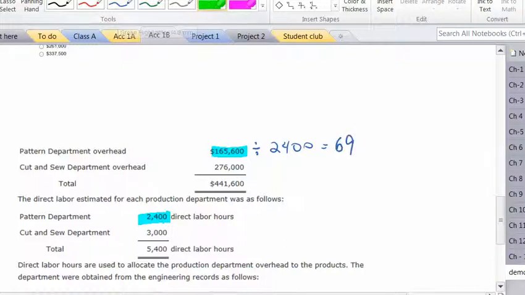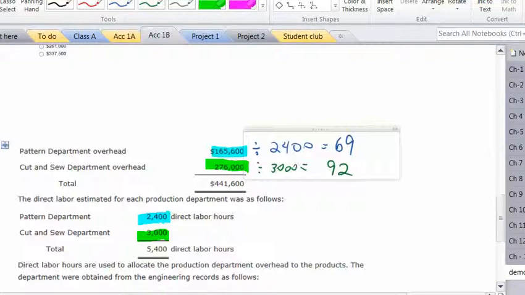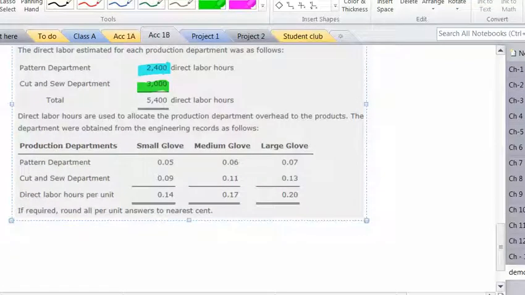For this department, I'll take the cut and sew. I'm going to divide that by the 3,000 hours. That's $92. So now I have my rates of 69 and 92 respectively.